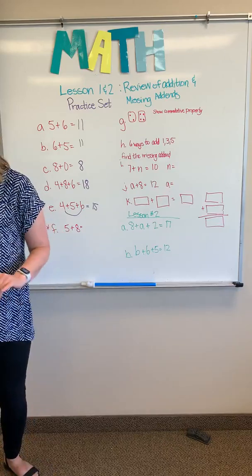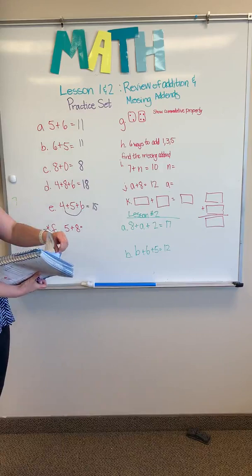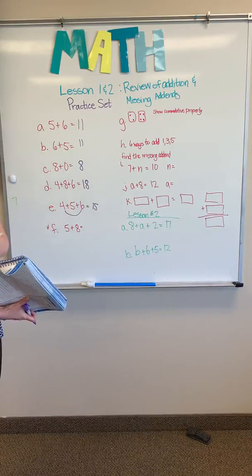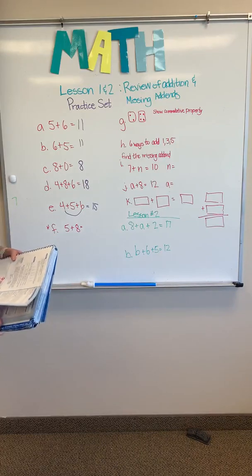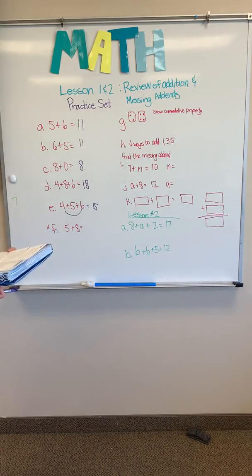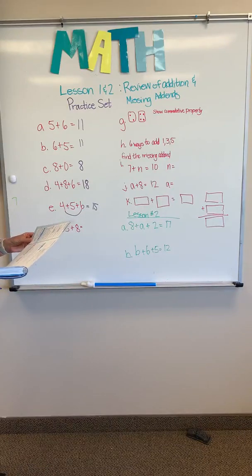The next one is a number sentence that they've given us. Dana ran 5 laps in the morning.